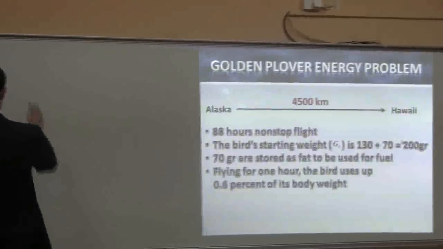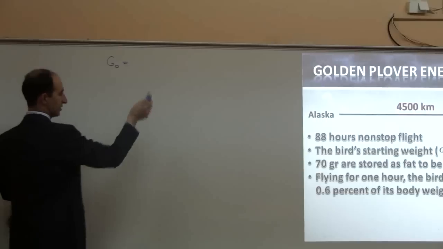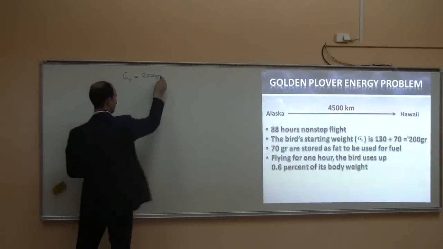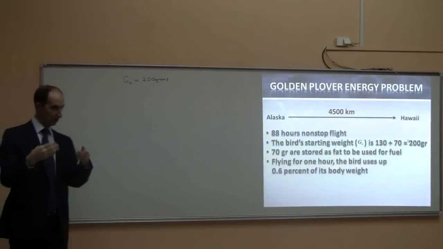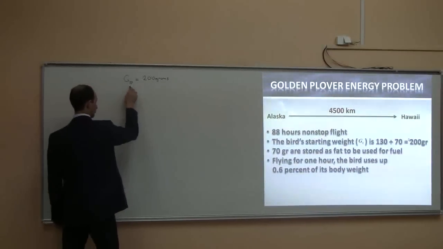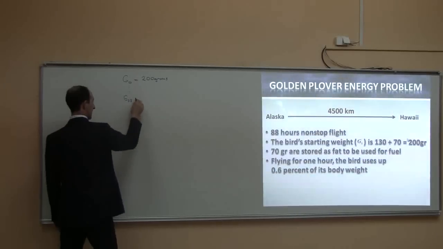Now, we will try to solve the following problem. The starting weight, we said G of 0, is what? 200 grams. And using our mathematical knowledge, we will try to find G of 88.